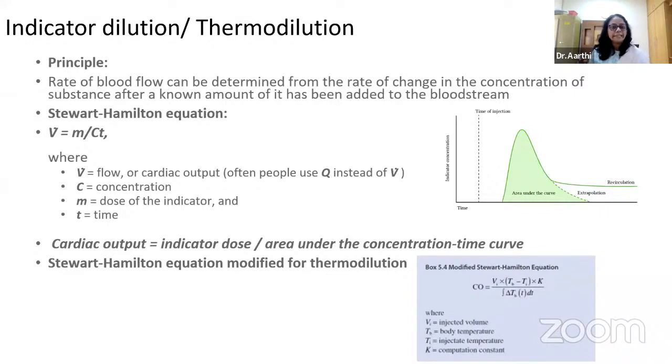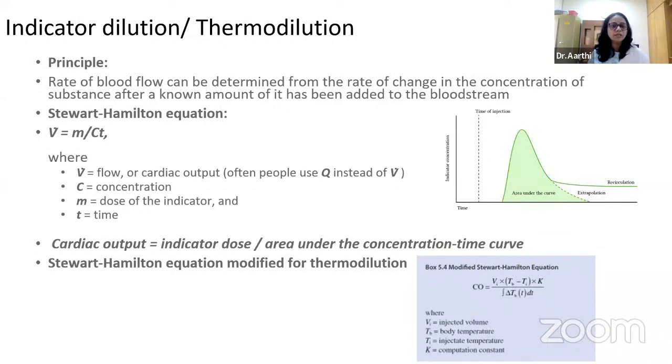Coming to the indicator dilution or thermodilution. So whatever the methodology, they can either use a dye or they can use a cold saline, which assesses the temperature change, or a dye which uses the concentration change of the indicator.